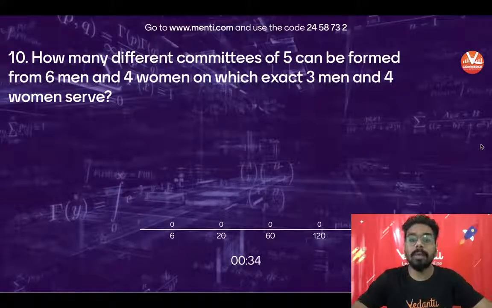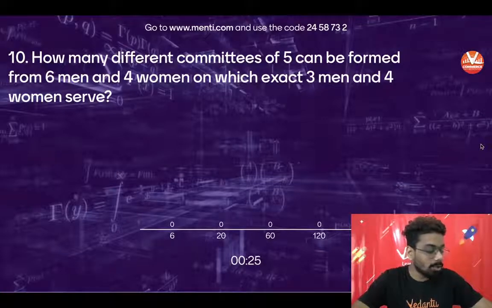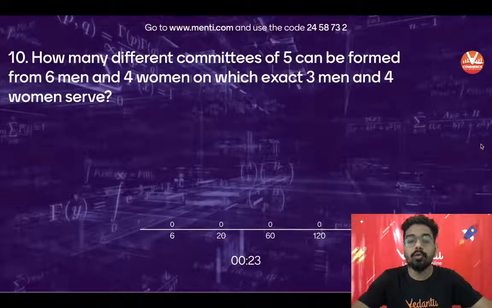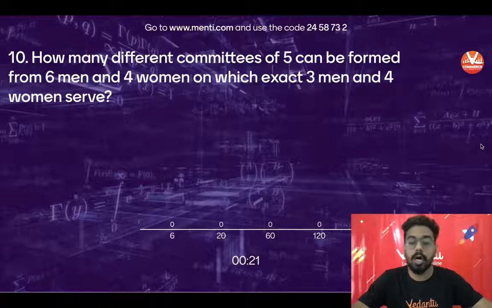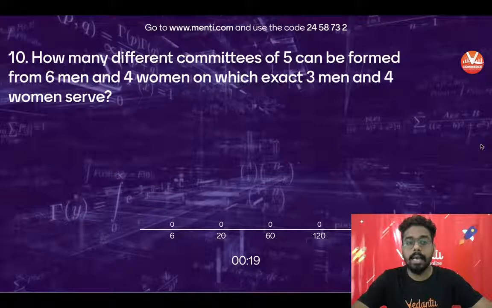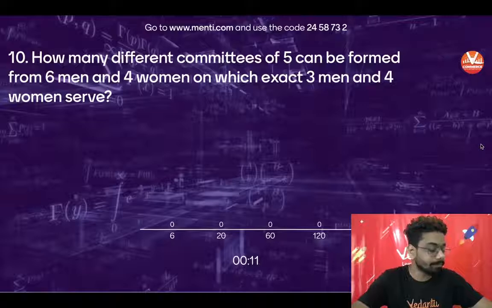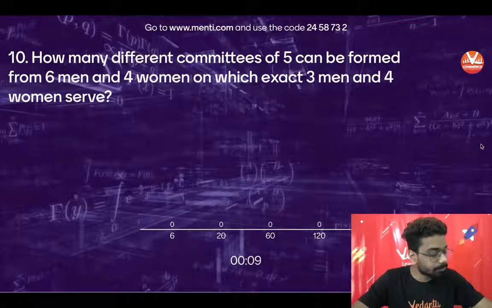Okay, it is 2 women. Okay, it is 3 men and 2 women, on which exactly 3 men and 2 women. I hope the question is clear. It's 2 women, it's not 4 women. Okay, how many different committees of 5 can be formed from 6 men and 4 women, on which exactly 3 men and 2 women serve?